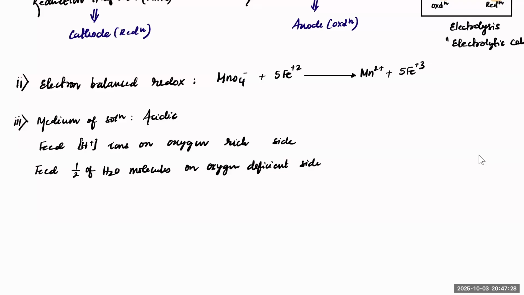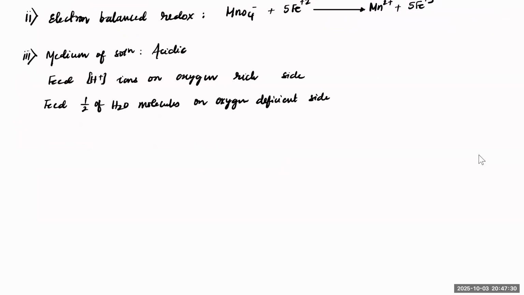Since this is an electron balanced reaction, if you count the number of oxygens on the left hand side and right hand side, on the left side we have 4 oxygens, and on the right side we have 0 oxygens. So the difference in oxygen number is equal to 4. So on the deficient side, what do we add?